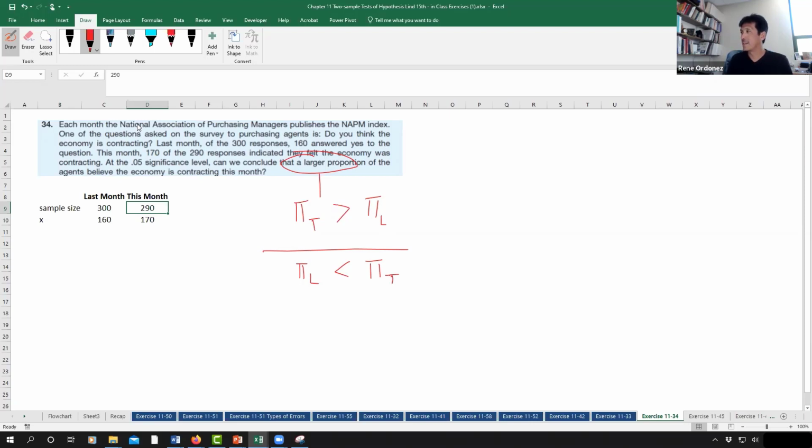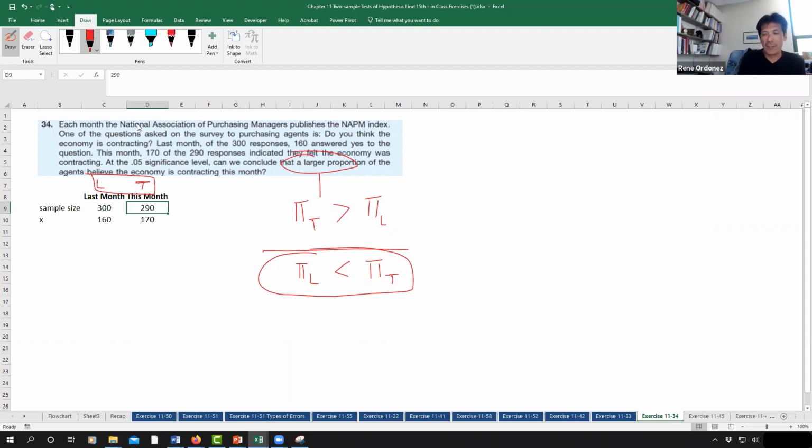Does that make sense? Either one is correct. But I would suggest that you look at how the samples are set up, and make it consistent with the way that you set up the alternate hypothesis. Okay? We clear there?